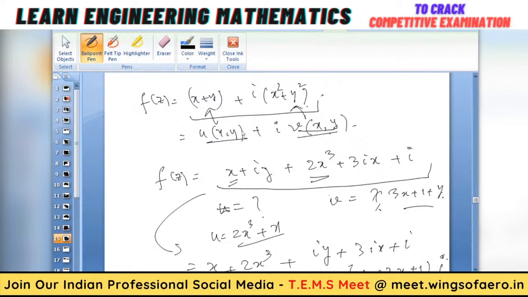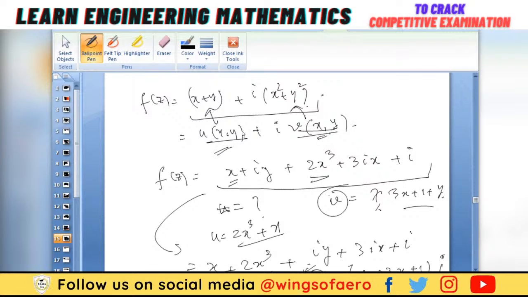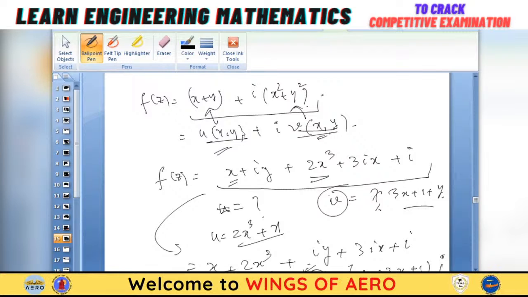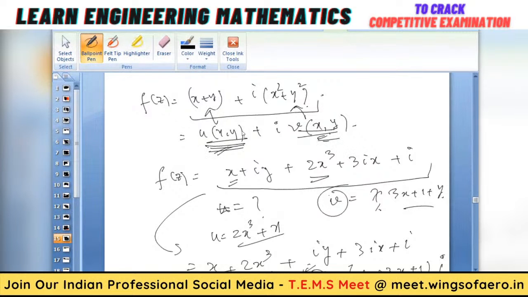This is the i part. So obviously the i part is represented by v, and the non-i part, that is the real part, is represented by u: u(x,y) plus i into v(x,y). So a complex function can also be written like a complex number, but remember, instead of constant values here, some functions of x and y are given.